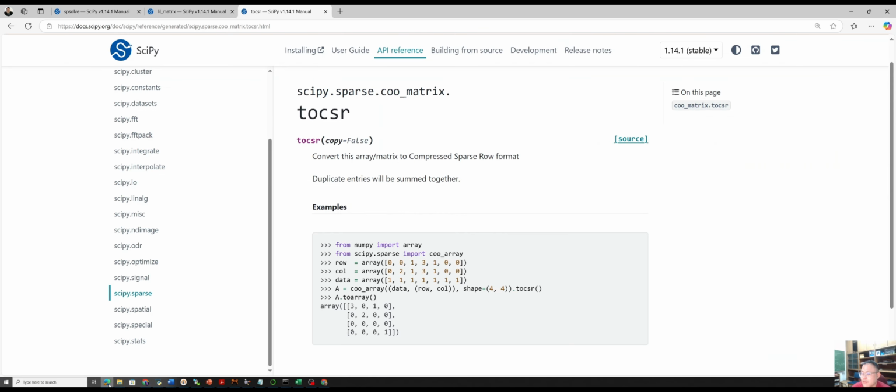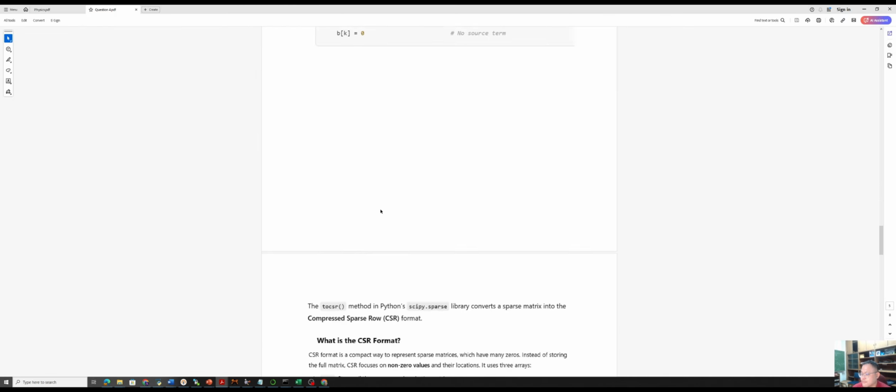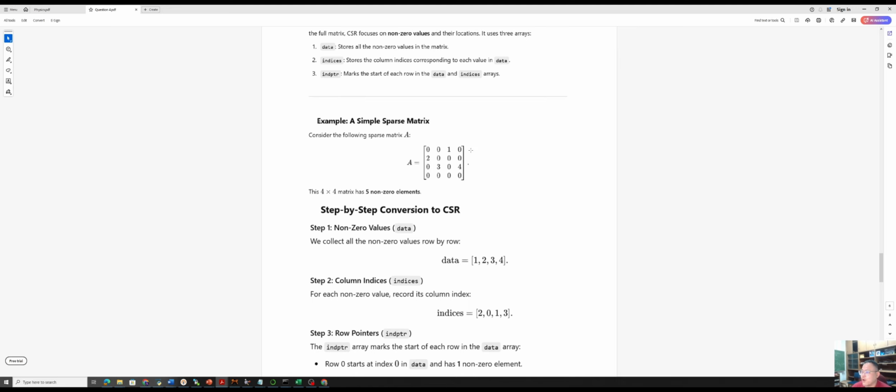What does it mean? Okay, convert this matrix to compressed sparse row format. For example, I've got the sparse matrix. Inside the computer, it will do this. Okay, data: because the rest are 0, the data is like here. Got 1, 2, 3, 4.